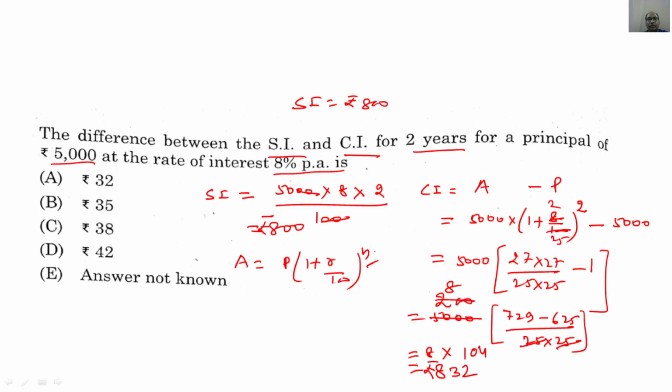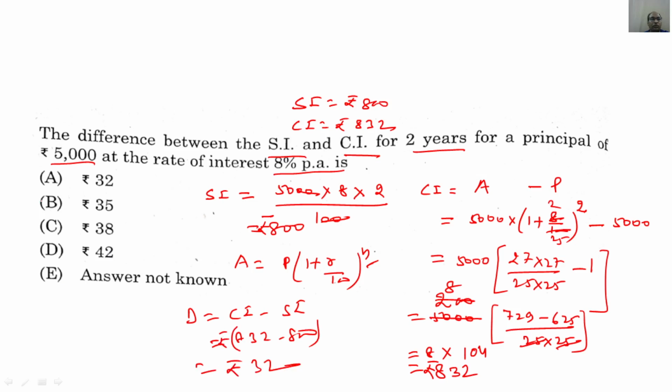So your compound interest has become rupees 832. So the difference between CI minus SI is 832 minus 800 rupees. So rupees 32 is the answer.